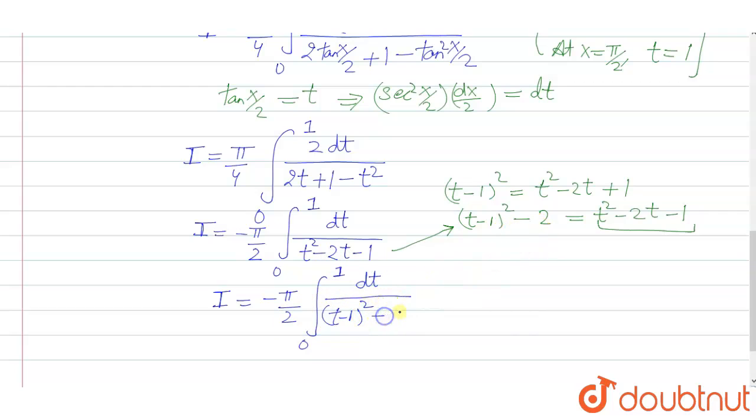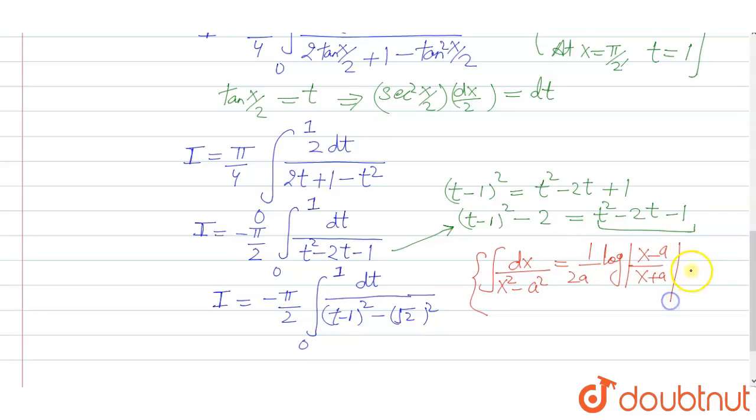And I can write 2 as root 2 whole square. Why? Because now this becomes a standard form. This is of standard form that integration of dx divided by x square minus a square is equal to 1 by 2a log of x minus a divided by x plus a plus any constant.